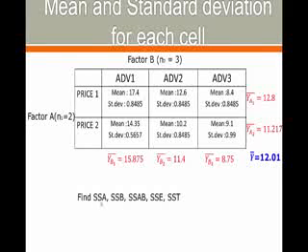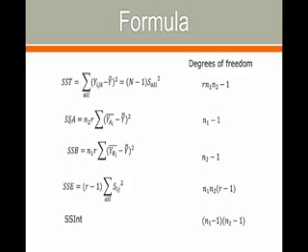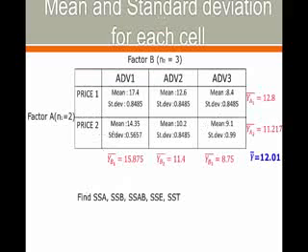I still need to calculate SSA, SSB, SSAB, SSE, and SST. We have the formula for each one of them. Let's take the easy one. SSA will be: take each Y bar Ai minus the grand mean, square it, times the number of observations, b times r.